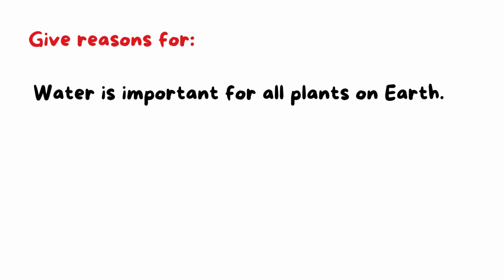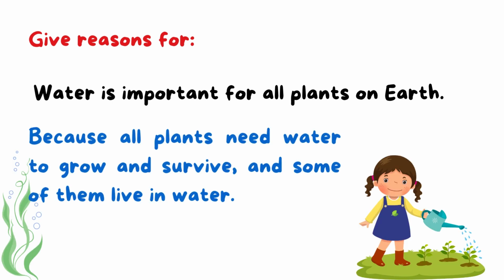So what is the importance of water for the plant? Yes, because all plants need water to grow and survive, and also we have plants that live in the water, as algae. So the answer is: because all plants need water to grow and survive, and some of them live in water.